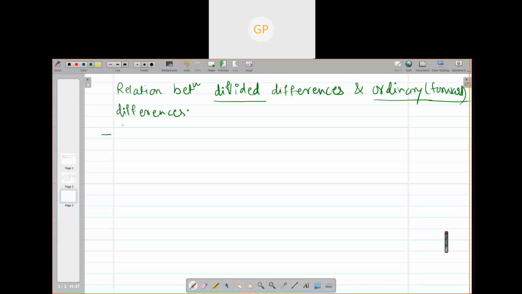So my first statement should be: consider the arguments x0, x1, and so on up to xn, which are equally spaced.